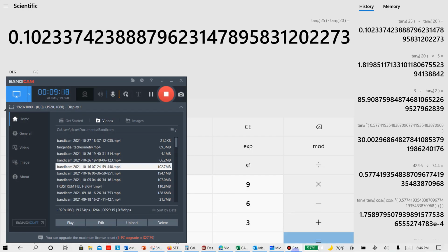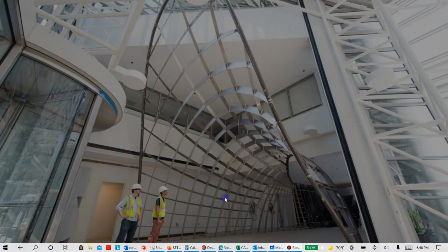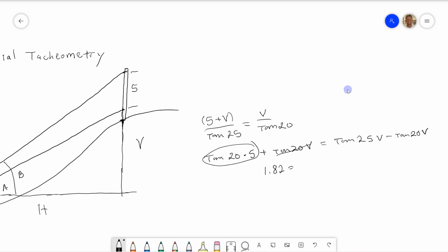So we got 1.82 equals 0.1023V, right? And then we'll divide both sides by 0.1023. Let's cancel. That's 1.82 divided by 0.1023, right?